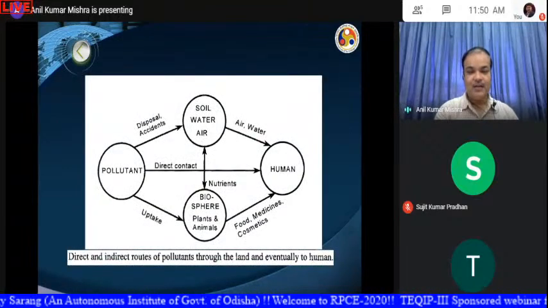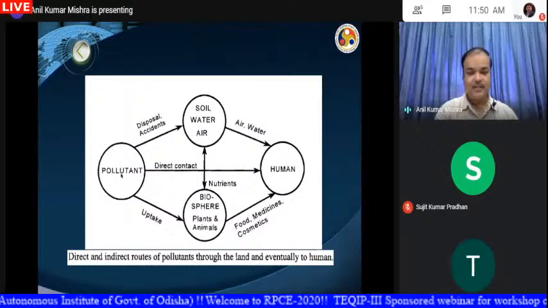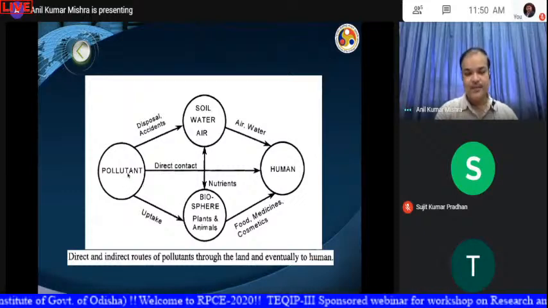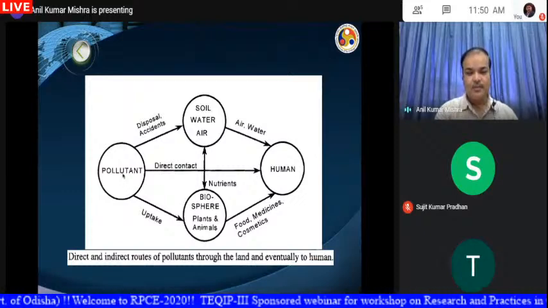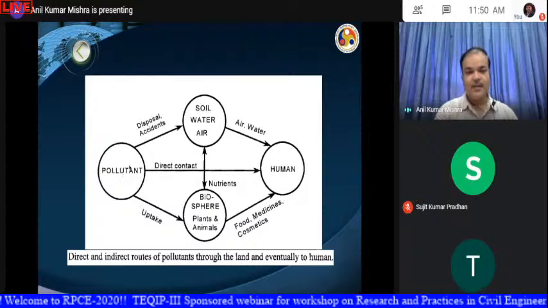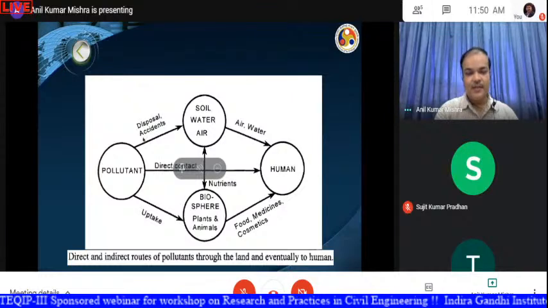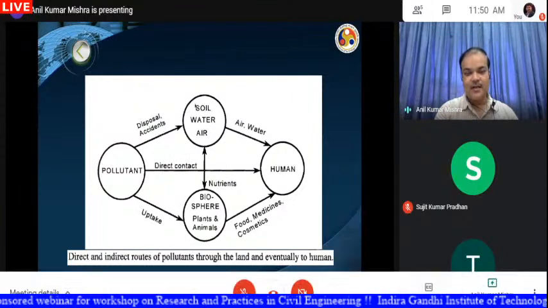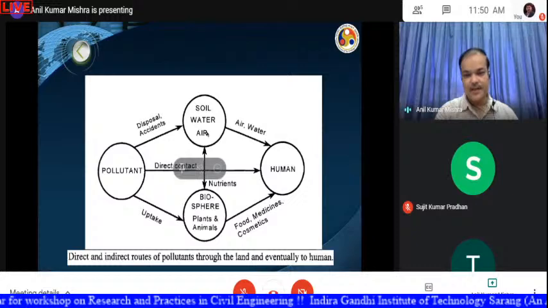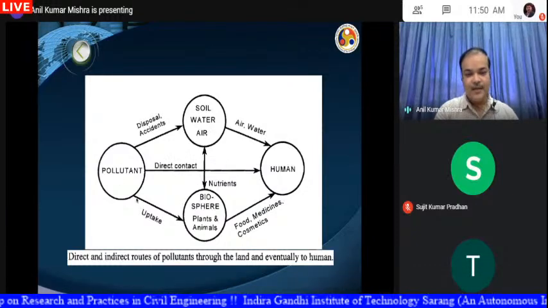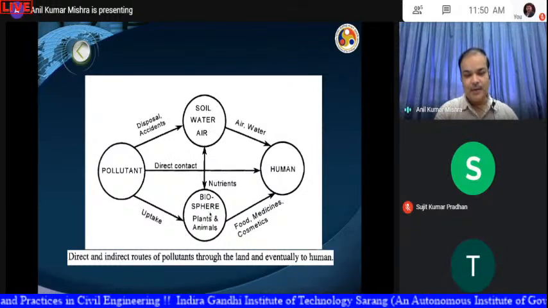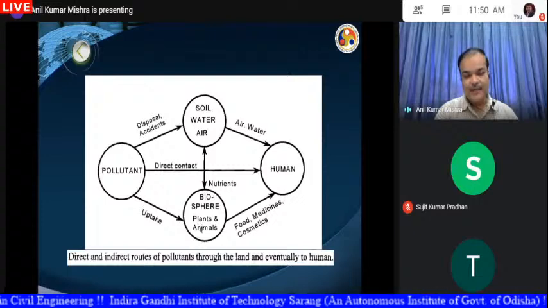So exactly how does this happen? Say, for example, the starting point is a pollutant. The pollutant is the source of all the problems. Pollutants can be disposed of accidentally. When disposed of accidentally, they can contaminate soil, water, or air, or be taken up by our biosphere, that means plants and animals.